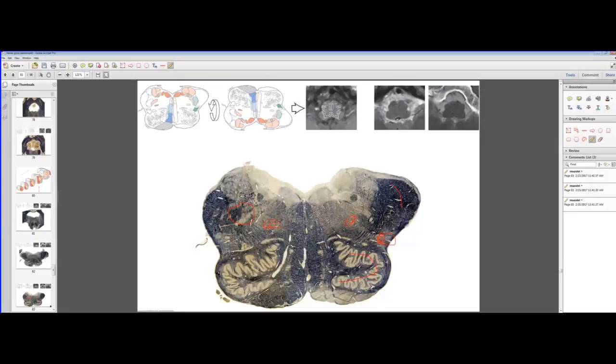This is the inferior olive, and this is your pyramids. And this is your hypoglossal trigone and the vagal trigone. So this is the nucleus of 12, and this is the motor nucleus of 10.